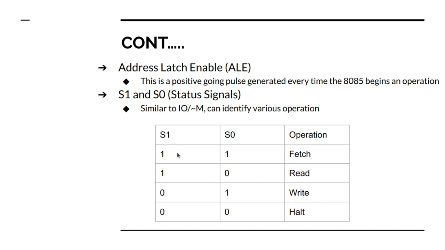When S1 and S0 are both 1, it is a fetch operation, and when S1 and S0 are both 0, it is a halt operation. So these are the status signals which identify what type of operation is going on. So 1 1 means fetch, 1 0 means read, 0 1 means write, 0 0 means halt. This is how it works.